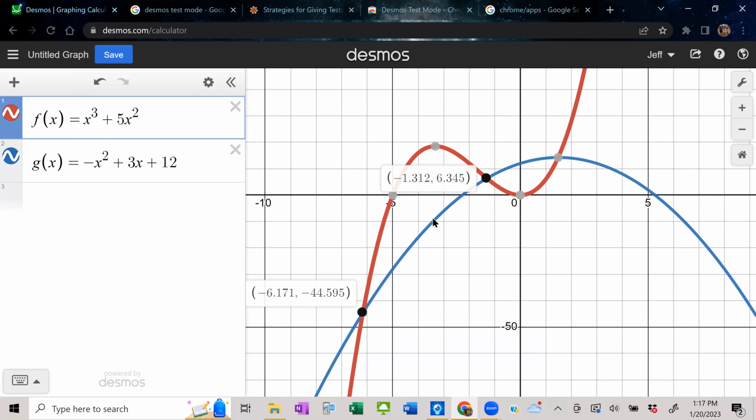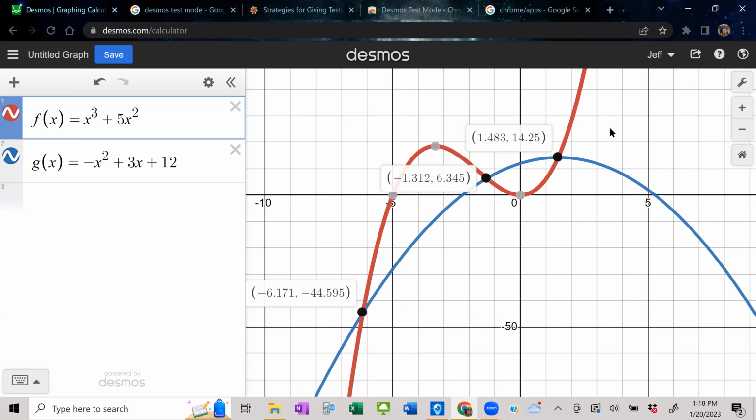So -6.171, comma, -1.312. And then there's another place where the red graph is taller than the blue graph, and that's to the right of 1.483. So 1.483.